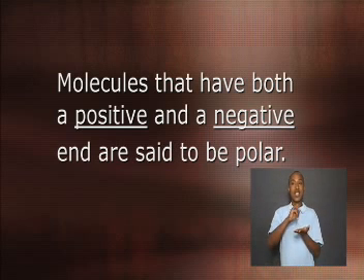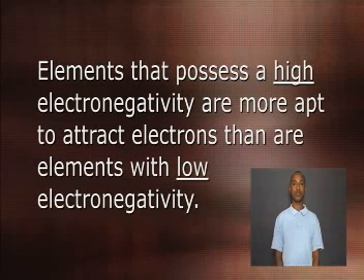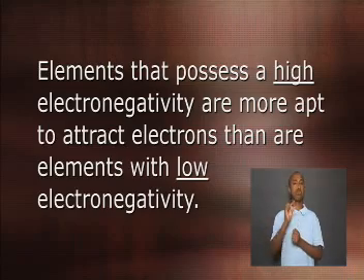Molecules that have both a positive and a negative end are said to be polar. Elements that possess a high electronegativity are more apt to attract electrons than are elements with low electronegativity.